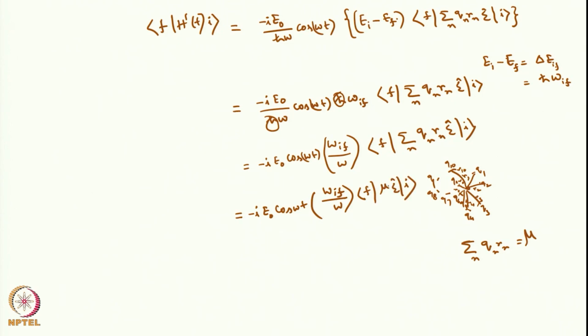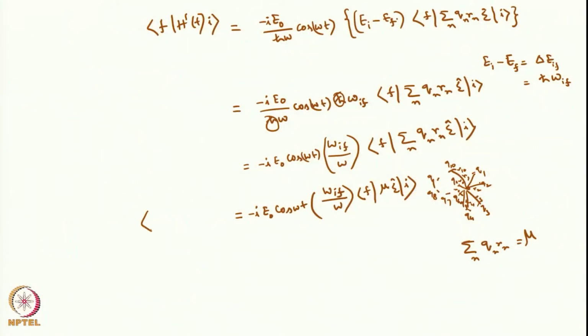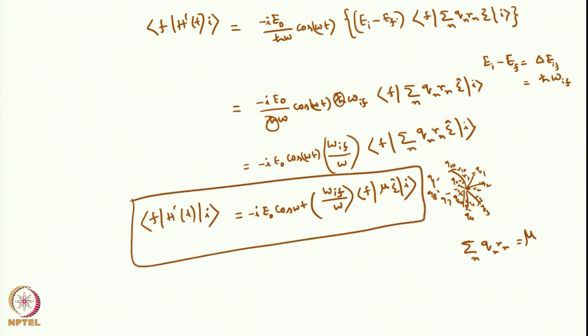Now, what is mu dot epsilon? Mu epsilon simply means that mu has to have a dot product with the epsilon, that is the electric field vector. So that is given by this equation. Now one could understand, if you forget these prefactors, this integral depends on the dipole moment of the atom or the molecule.